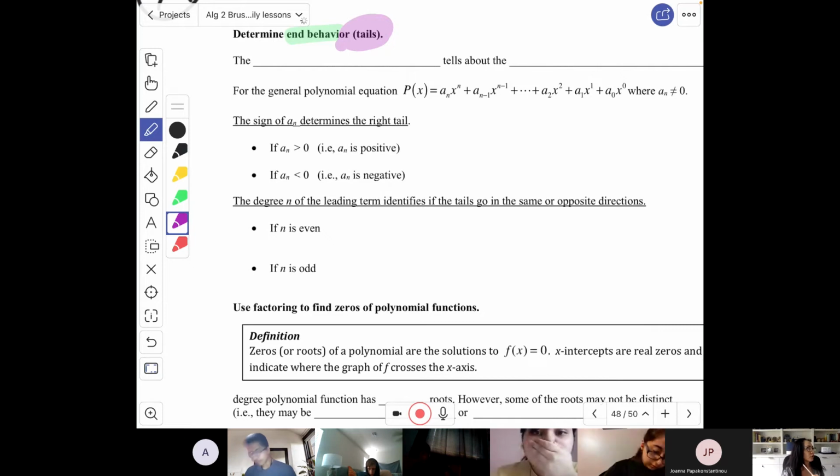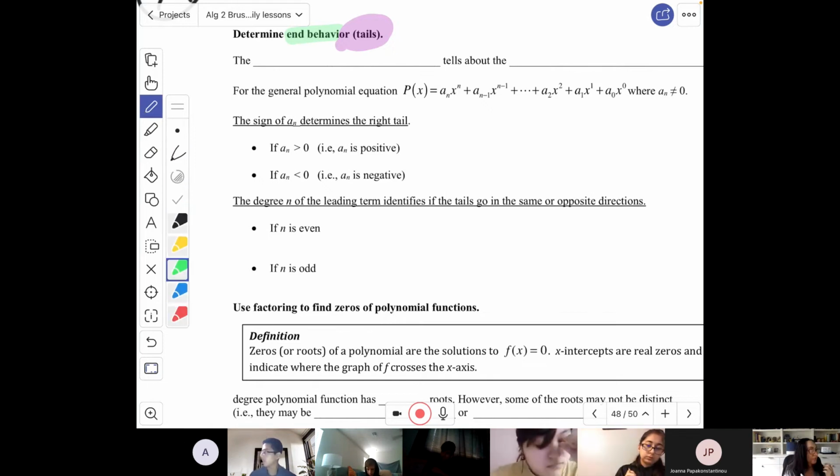So the end behavior: to identify what the graph is going to look like, I'm going to investigate what's happening with the leading term, in particular, the leading coefficient.